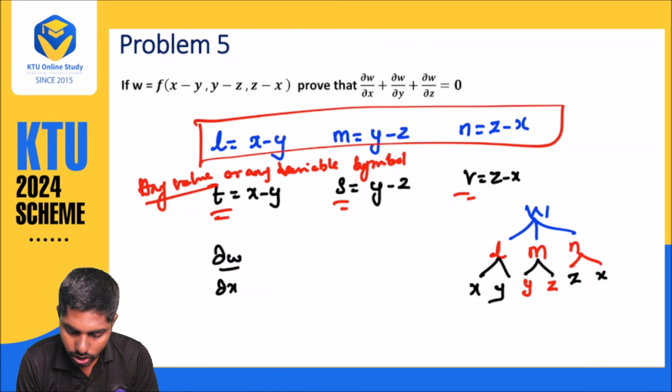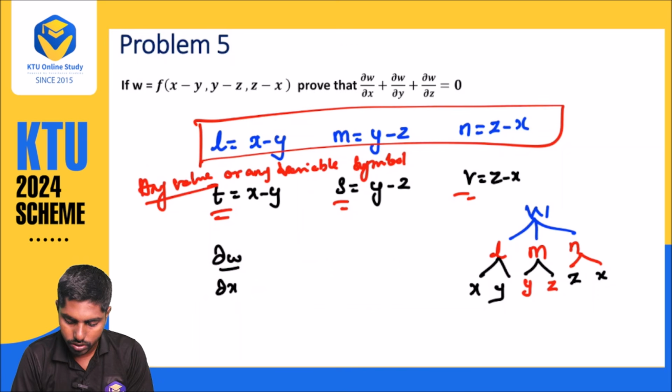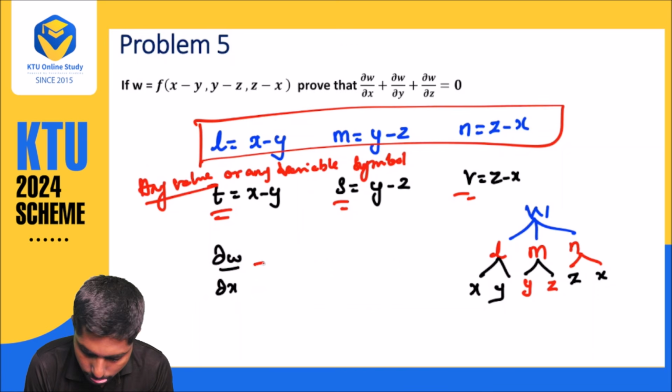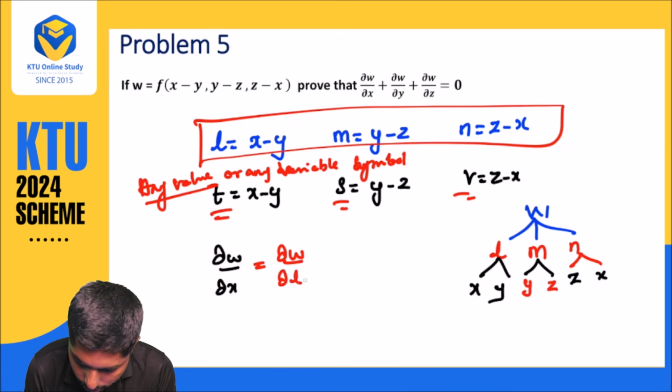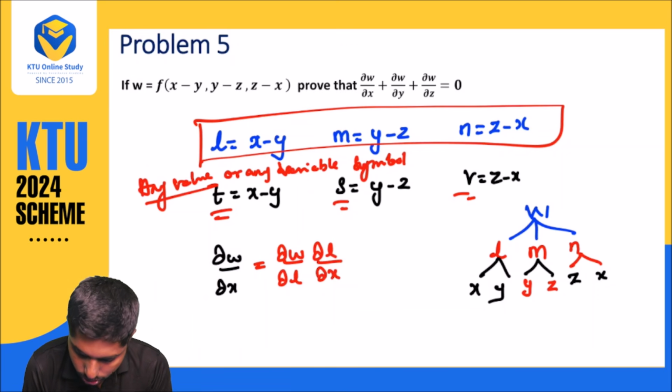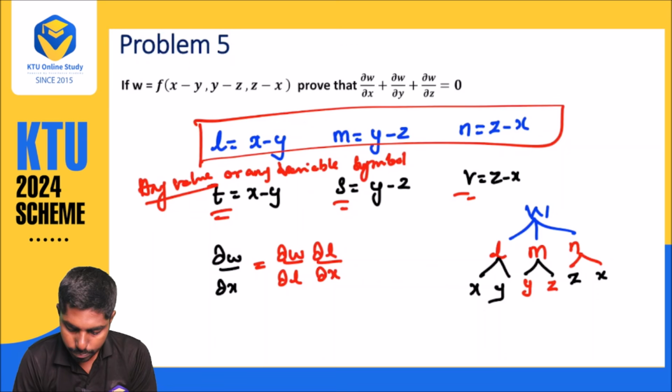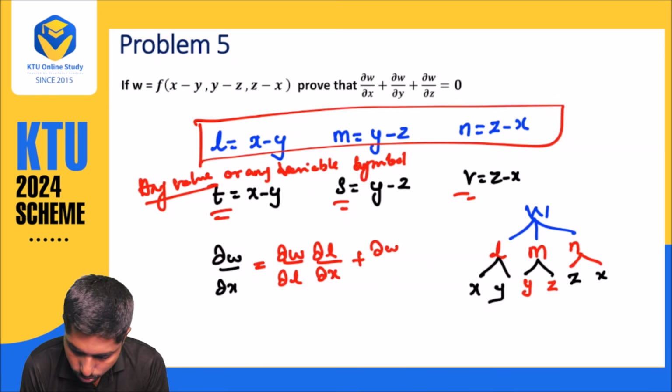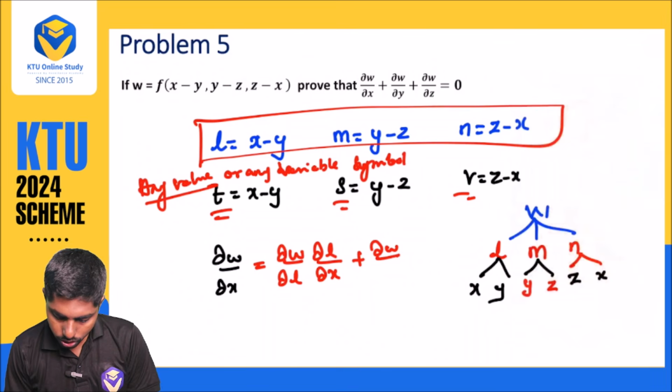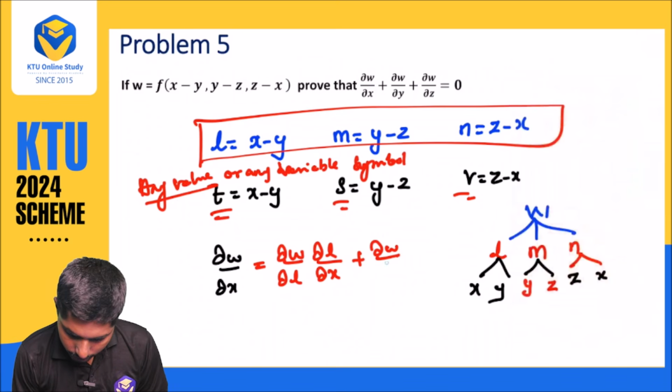So we want to differentiate with respect to x. We will get dou w by dou l into dou l by dou x plus dou w by, now check. Can I write dou w by dou m?